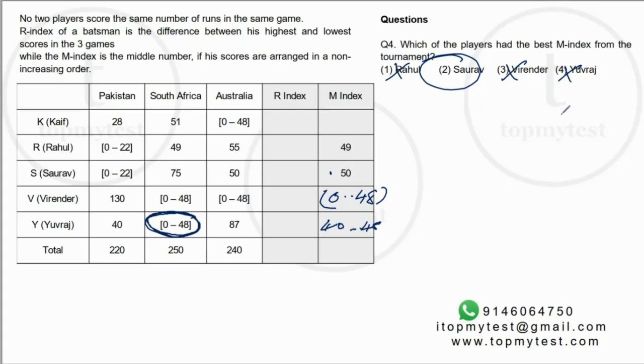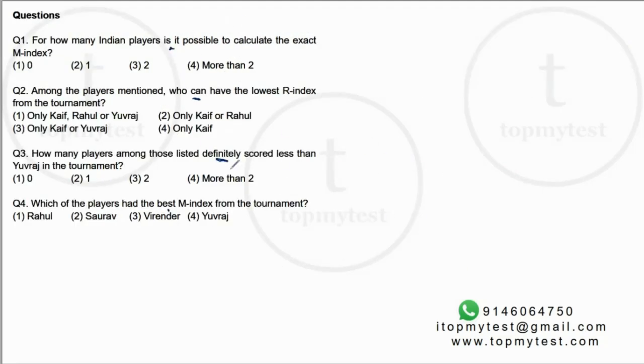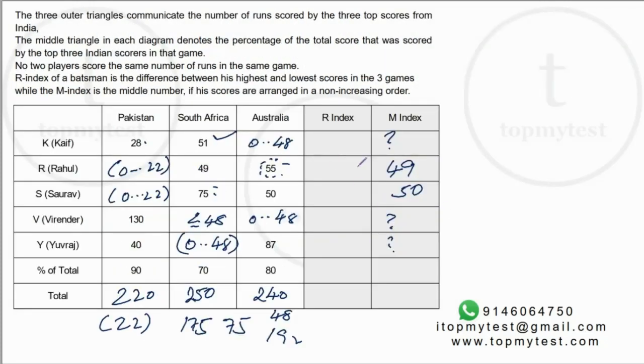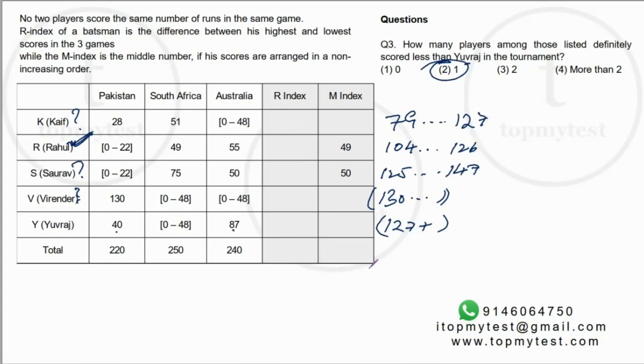It's a wonderful question. First, you have to understand how the data is being actually represented. Look at the fact that the questions may not be completely solvable. Work out the data one by one. Fill out whatever information is given. Look at the ranges and then answer the questions one at a time.